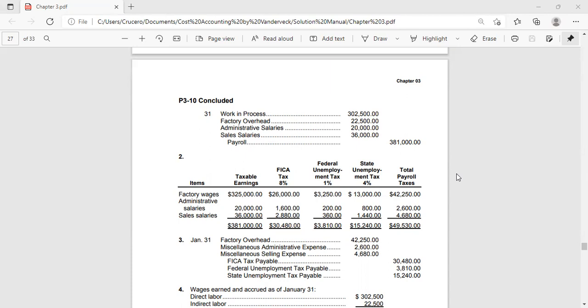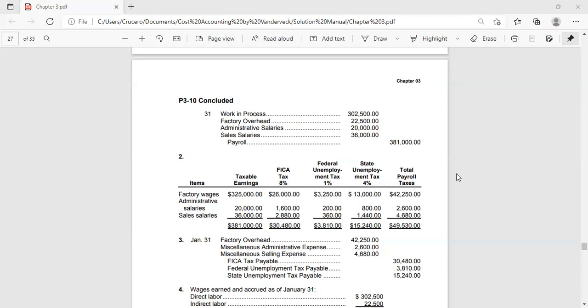We are now going to assume that the payroll taxes imposed on the employer for factory wages are to be charged to factory overhead. The taxes for administrative salaries are to be charged to miscellaneous administrative, and taxes for sales salaries charged to miscellaneous selling. So we now have requirement number 3 for the journal entry.